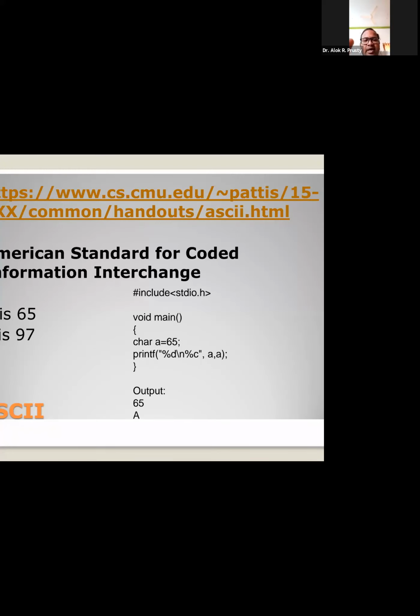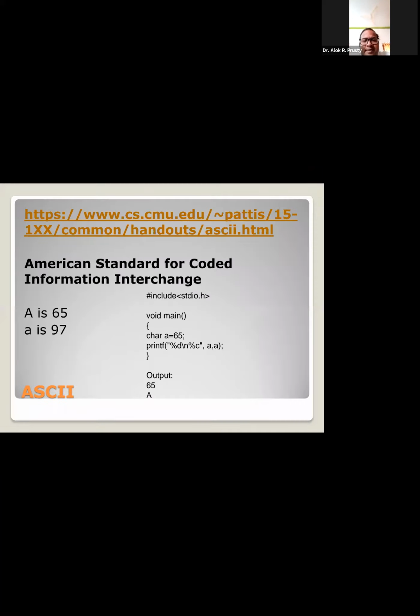The integer will come as 65 and the character will automatically convert into the character type. It will print A. What %d and %c are, we will discuss in subsequent programs. We already discussed briefly in the last class, but we will discuss this in subsequent slides. So this is all about the American Standard Code for Information Interchange.